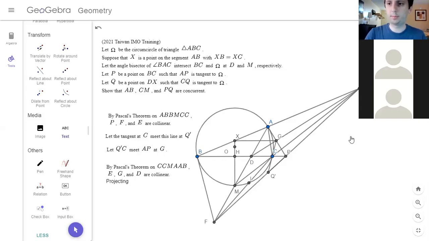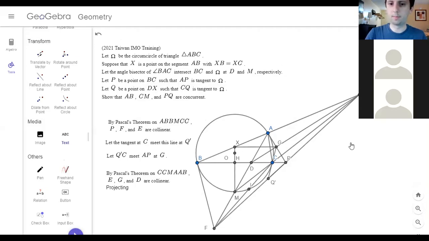We wanted to show that BAXE, so BAXE, I projected it through H, right?